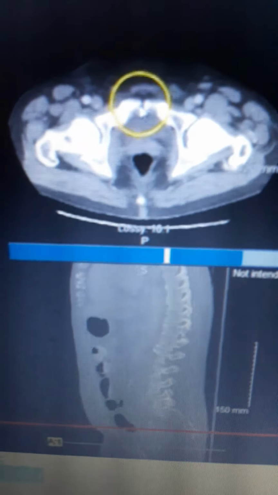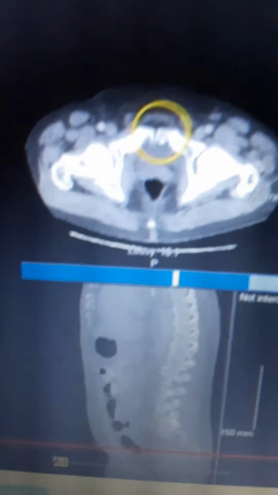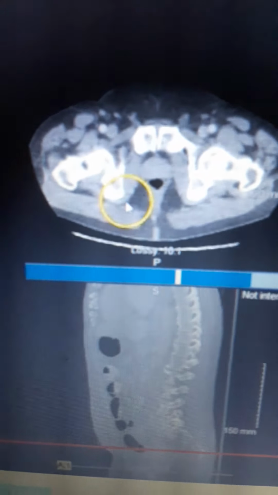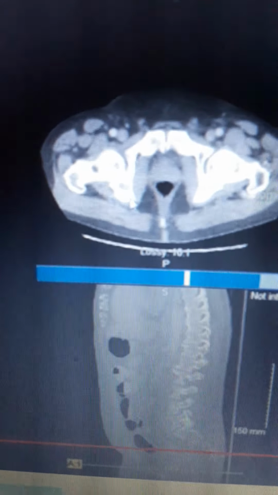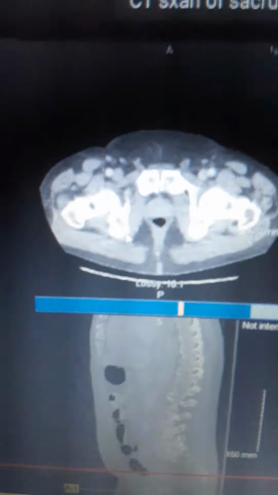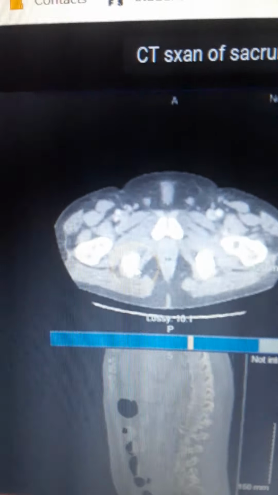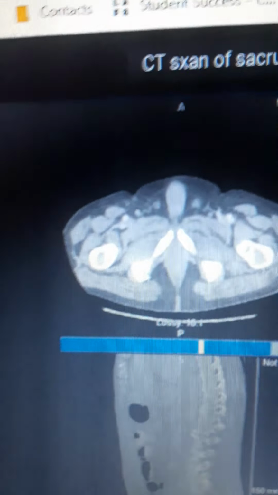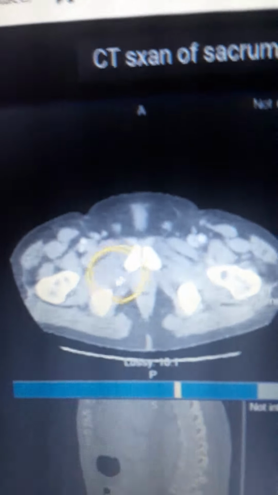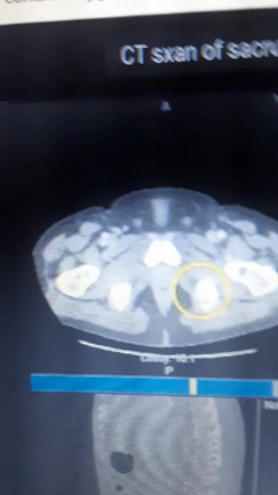The other structures being demonstrated here, you can see the symphysis pubis on the anterior side here. Of course that would make these pelvic bones, and then on the back side, you can see what would classically be referred to as the ischial tuberosities. And what's cool is we're seeing this separation of bones here.